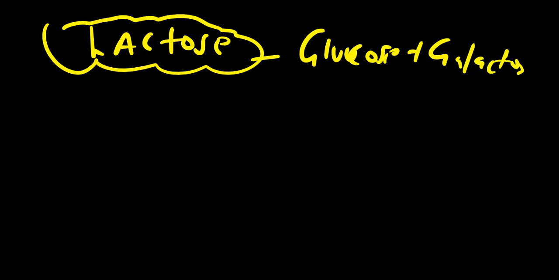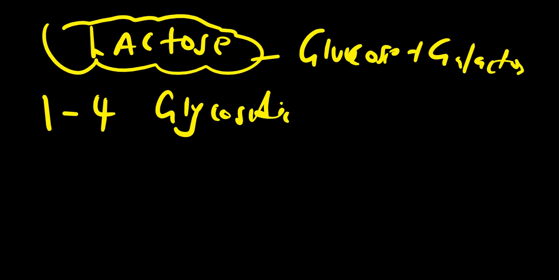Now this lactose forms a glycosidic bond, we call it a 1,4 glycosidic bond, and the bond is just formed from carbon 1 of one monosaccharide to carbon 4 of another monosaccharide. So you should know that lactose is the one that forms the 1,4 glycosidic bond.